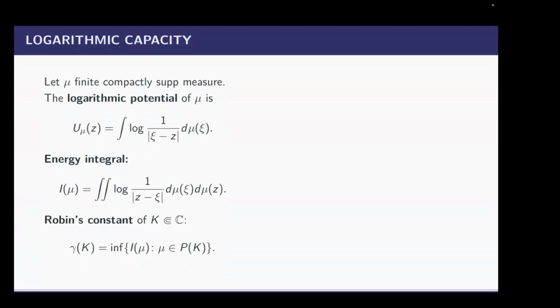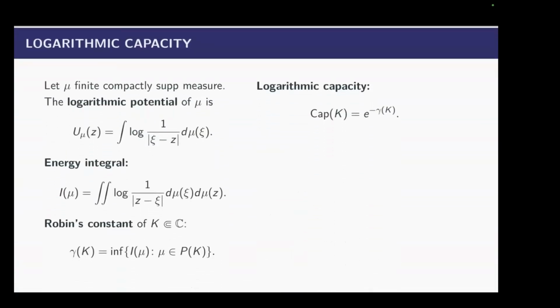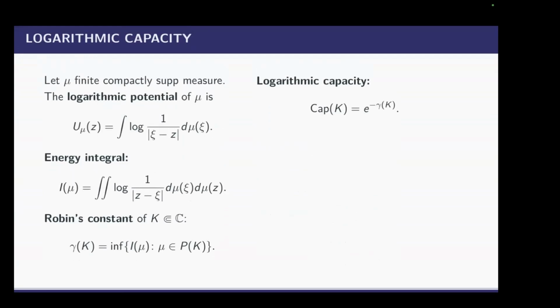And given a compact set of the plane, we define the Robin constant of the compact set as the infimum of the energy of all possible probability measures that we can put on our compact set. And then we define the logarithmic capacity as the exponential of minus the Robin constant.